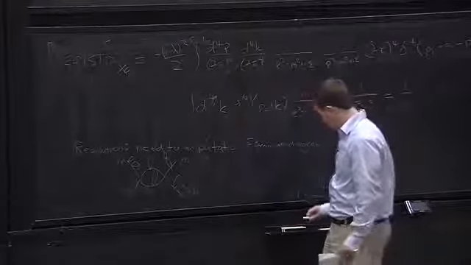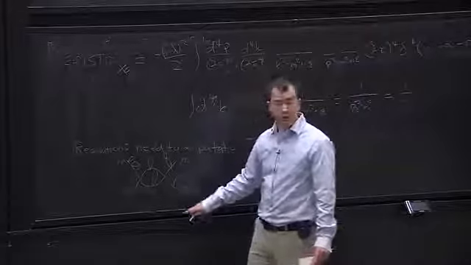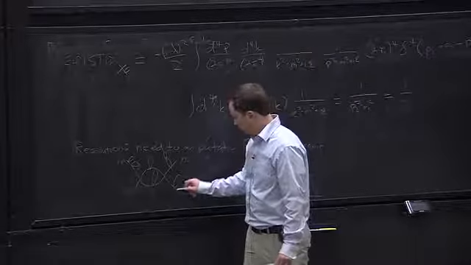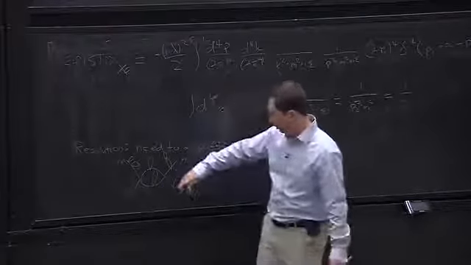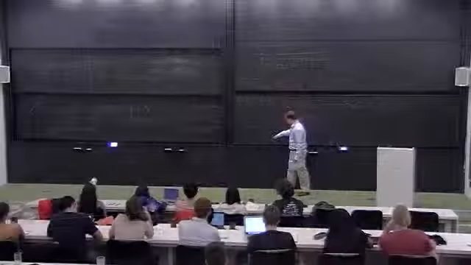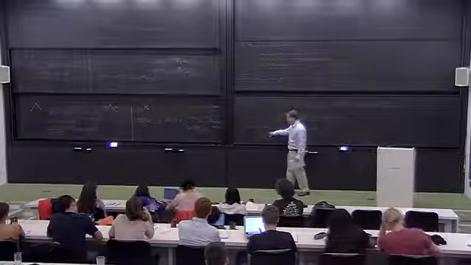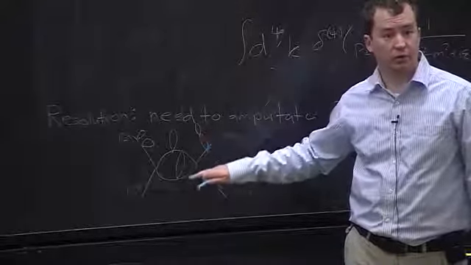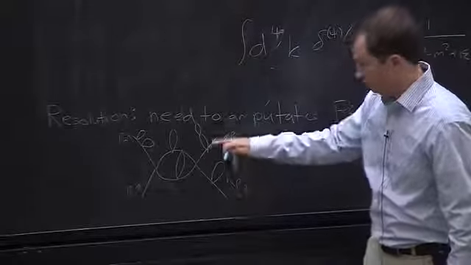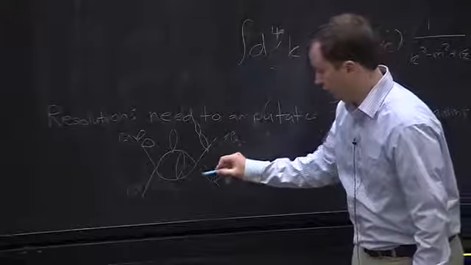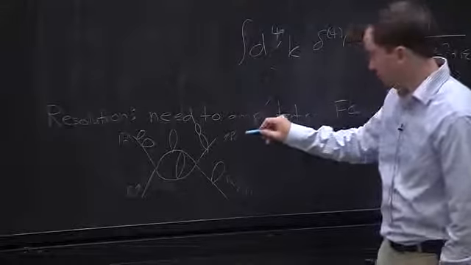Amputation means look at each of the external legs and cut it as far along that leg as you can. Cut it just before it starts to interact with some of the other external particles. So anything that's going on here doesn't involve any of the other particles. If I cut it later, if I follow this line any further, that would affect how it interacts with P4.